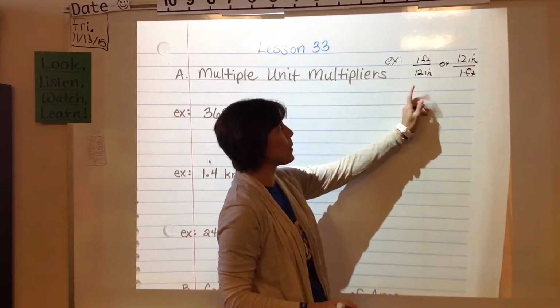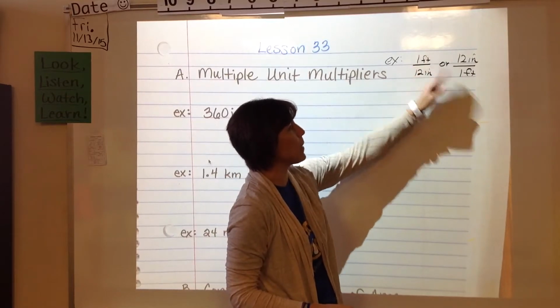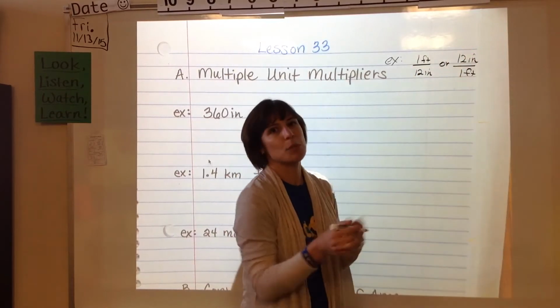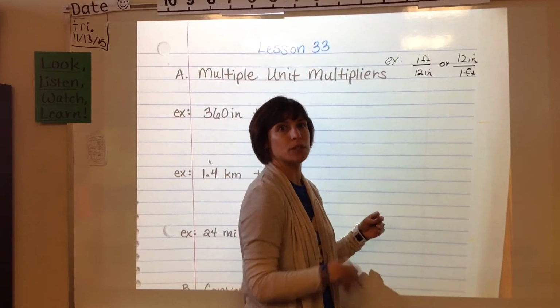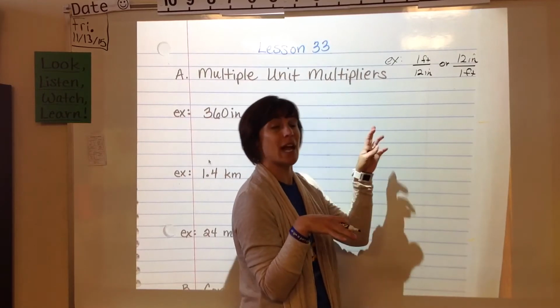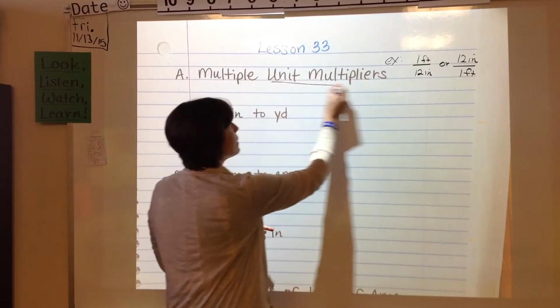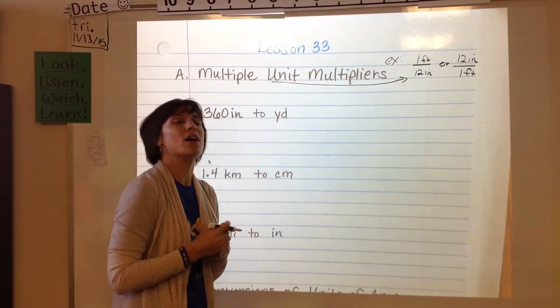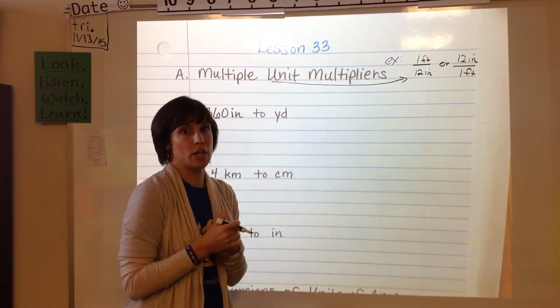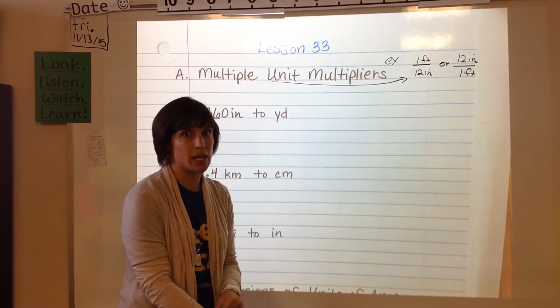Because 1 foot is 12 inches, this is 1, and this is 1, you're multiplying by 1 whole in a fraction world, and it keeps everything even, and it actually does your converting for you. So these unit multipliers are just one way to convert, and we've been practicing that this year.